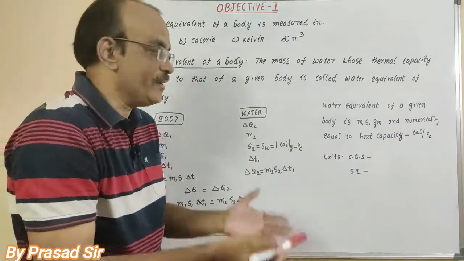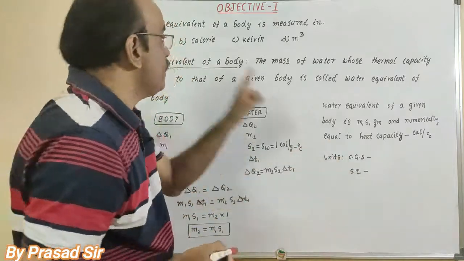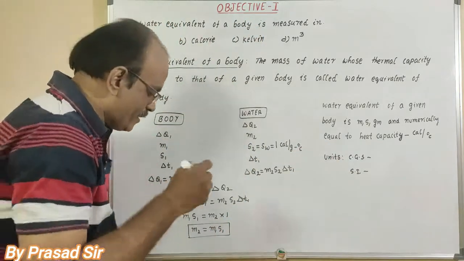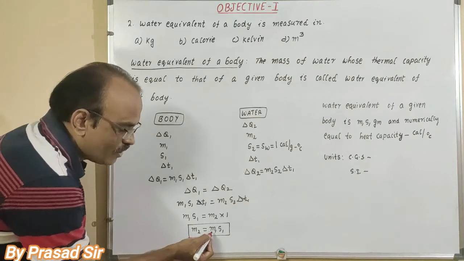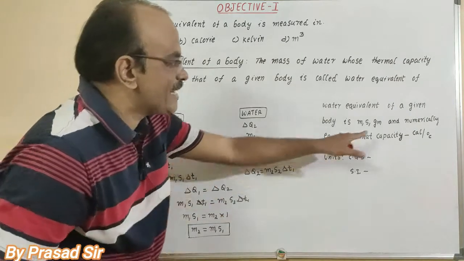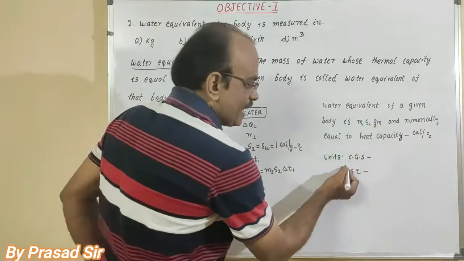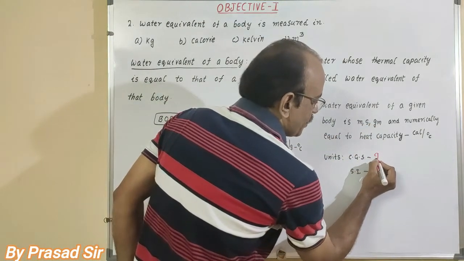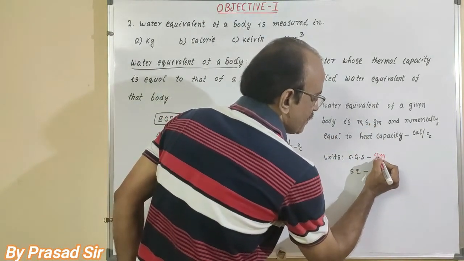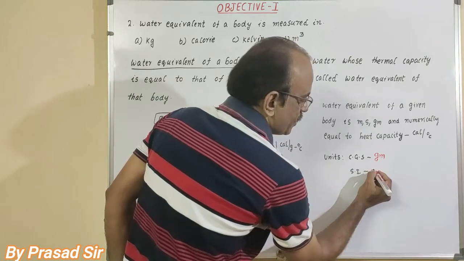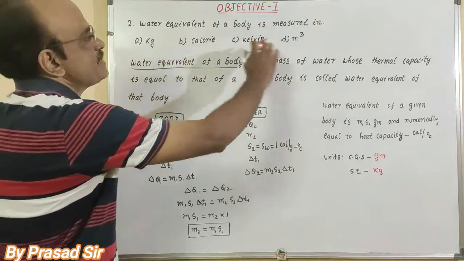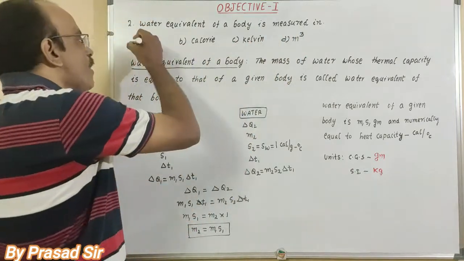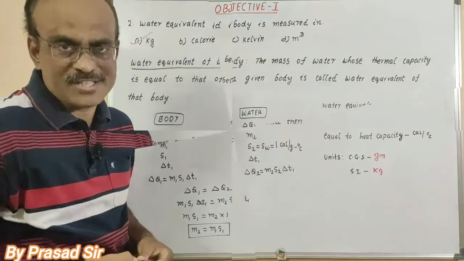But the water equivalent of a body is m2 equal to m1 S1 expressed in terms of grams. In the CGS system the unit is grams, but in the SI system the unit is kilograms. So out of A, B, C, D, option A is the correct one.